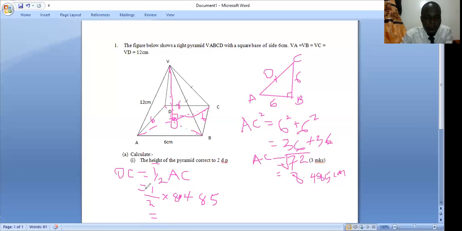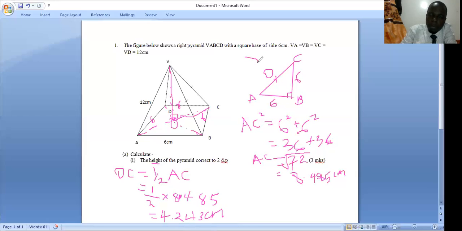That becomes 4.243 centimeter. This is not the answer. This is just OC.